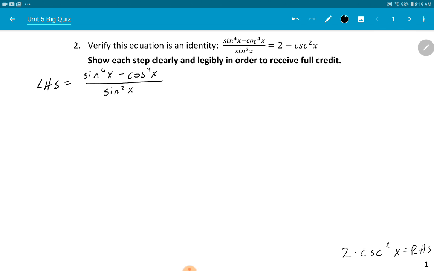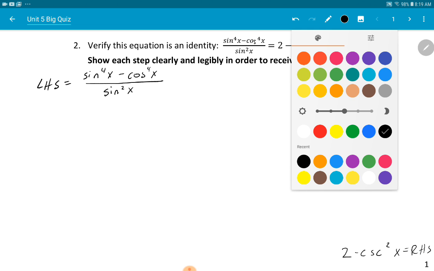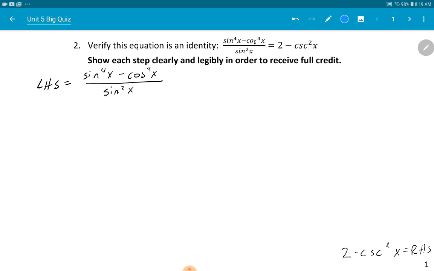So our first step to try to simplify this left-hand side to make it look like the right-hand side would be to recognize that the numerator is again a difference of two squares.